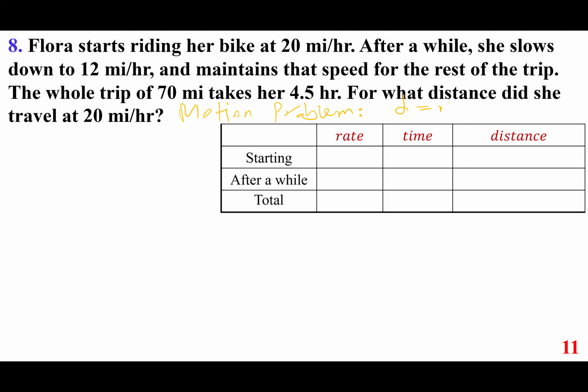D distance is R rate or speed times T time. So anytime you have a motion problem, you must have a table like this. Just fill it up. That's all you have to do. So starting point, the speed or rate is 20 miles per hour.